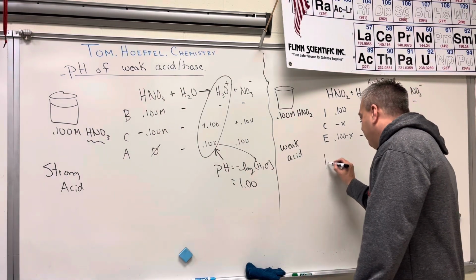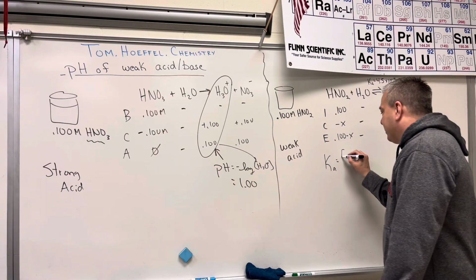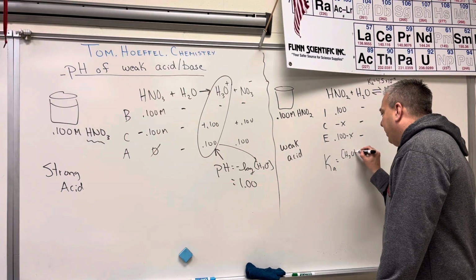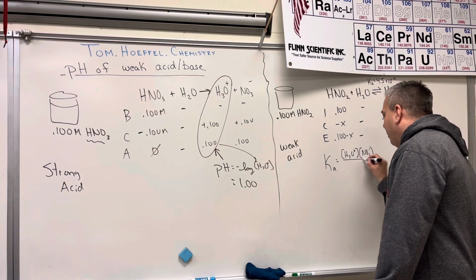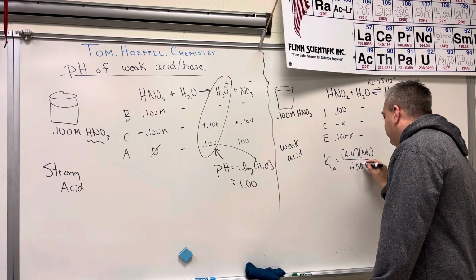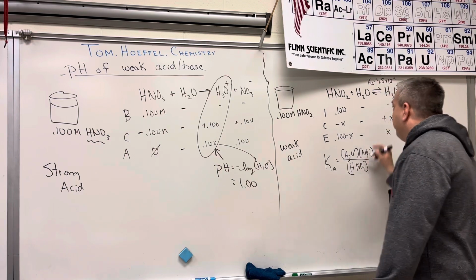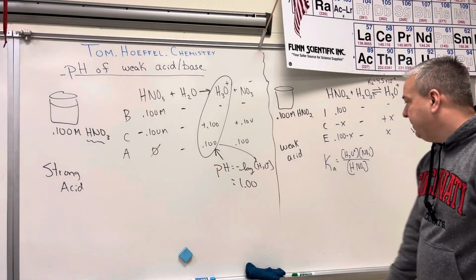Okay. So the equilibrium expression, remember, is the products over the reactants. So that's going to be the H3O plus times the nitrite over the reactants, HNO2. And remember, pure liquids are not included in the equilibrium expression.